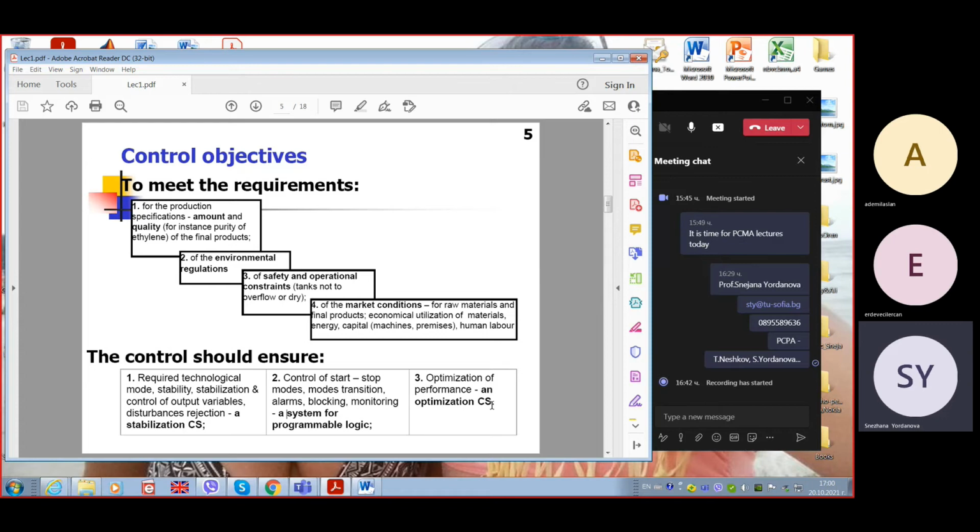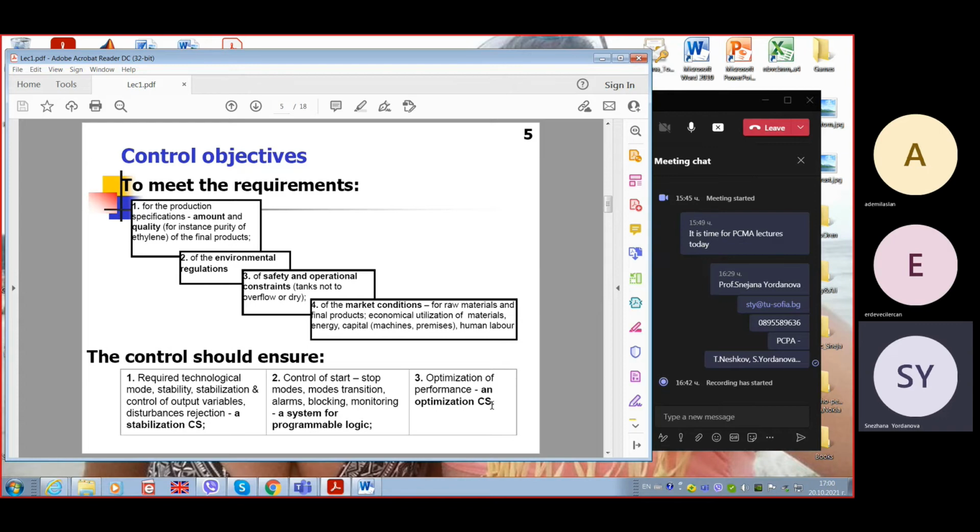So we have to synchronize different installations, so that they work as a whole and get optimal value of a given cost function of quality, of quantity of product produced.